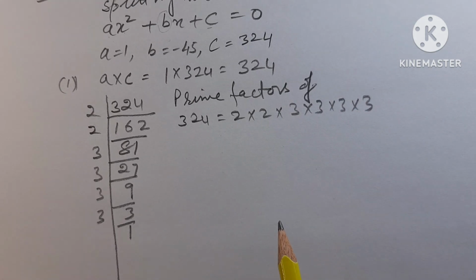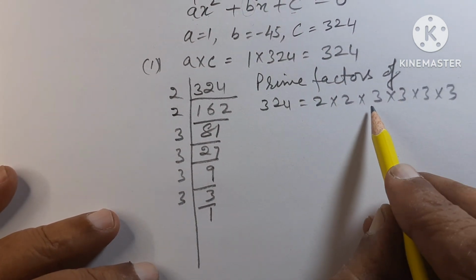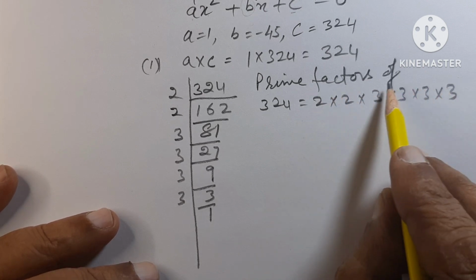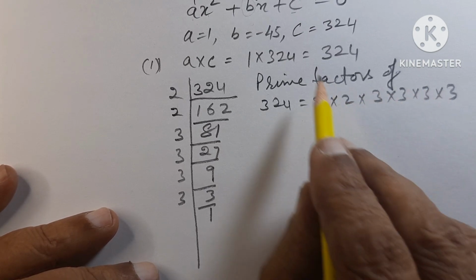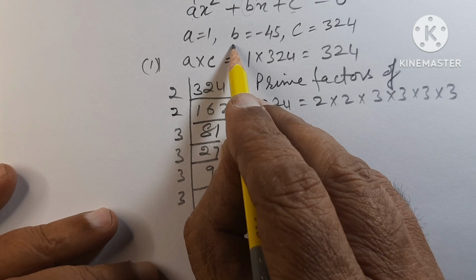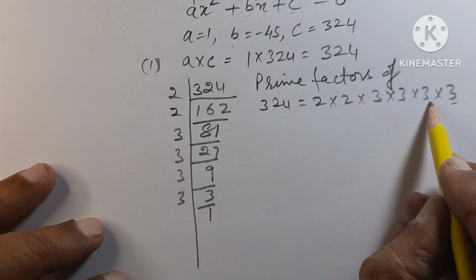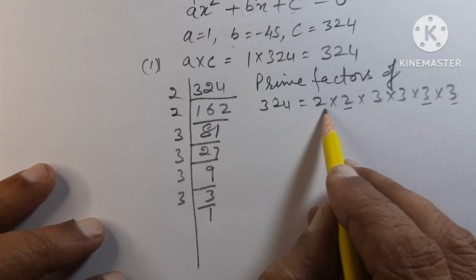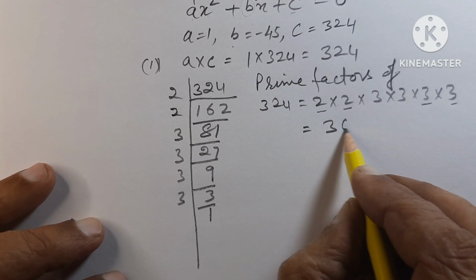We have to find the various combinations of these factors so that the total of those combinations should be equal to minus 45, that is b. For example, if I multiply 3, 9 with 2, 18 and 2, 36. So one group can be 36.